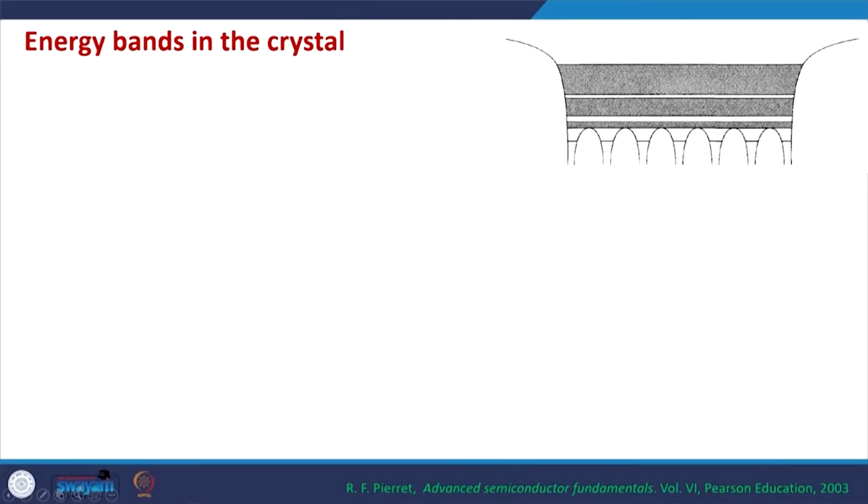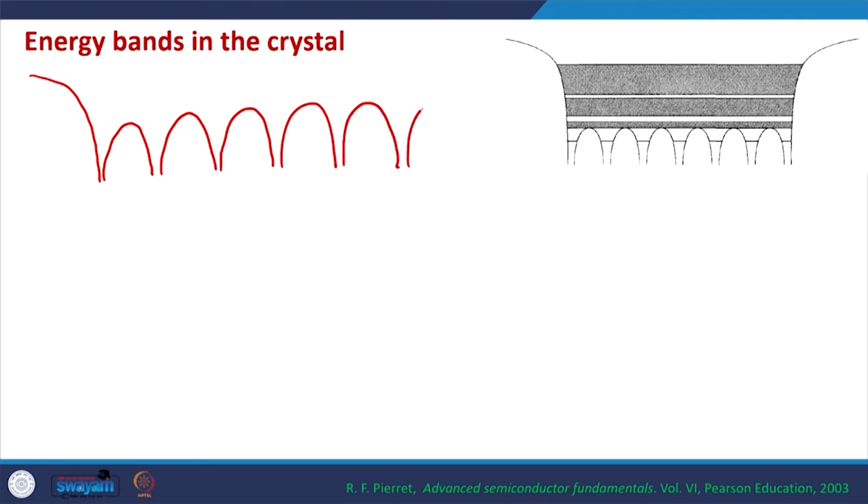This is by no means an actual plot, but this is how the bands look in a solid. As we have already seen, the potential profile in a solid looks something like this. This is the potential energy of an electron in a solid.